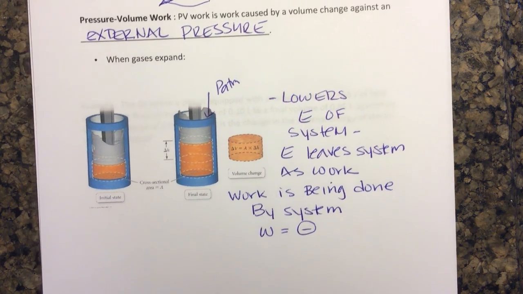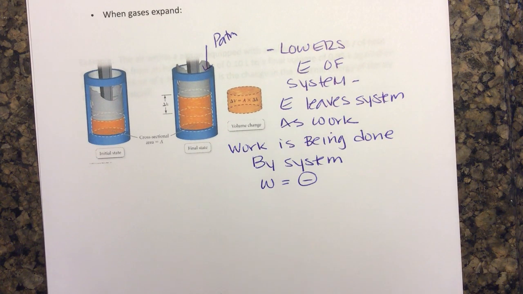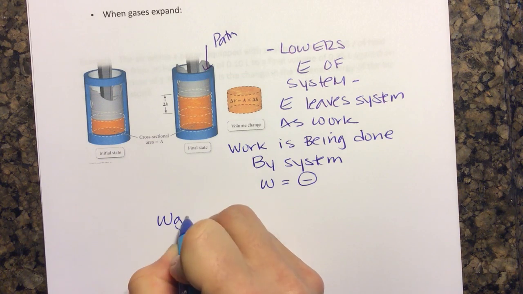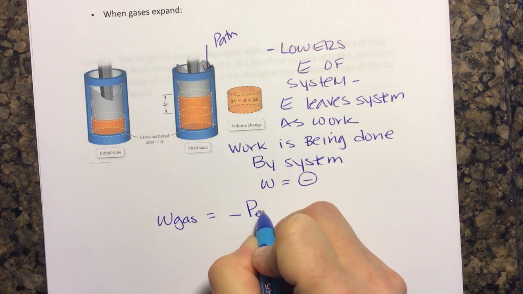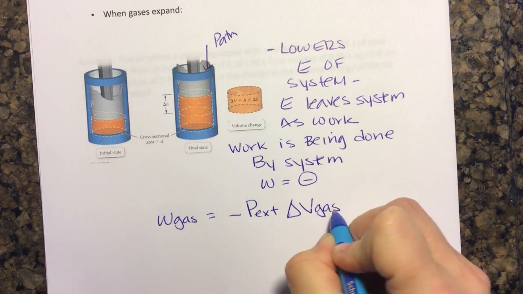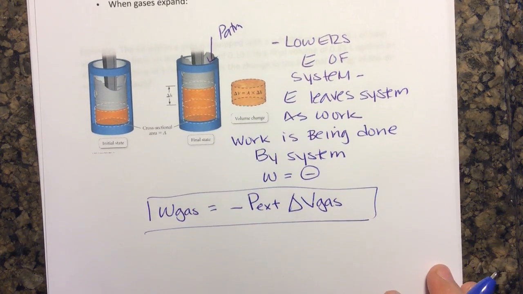If you recall from the last lecture, work is negative when work is being done by our system. Now there's a formula that we're going to have to use, and there is also a conversion factor. The formula is: the work of our gas is equal to the negative P external times delta V of our gas, our change in volume.